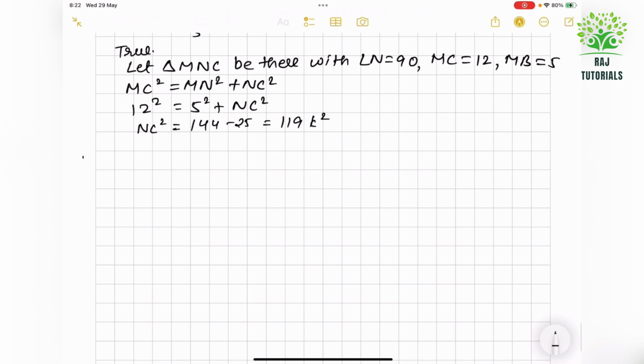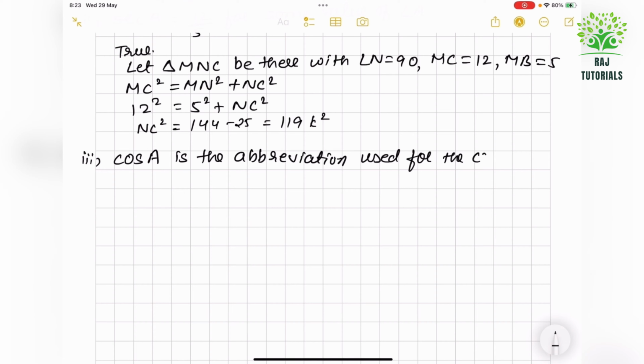Then the third one says cos A is the abbreviation used for the cosecant of angle A. This is also true as it is the short form of cosecant.